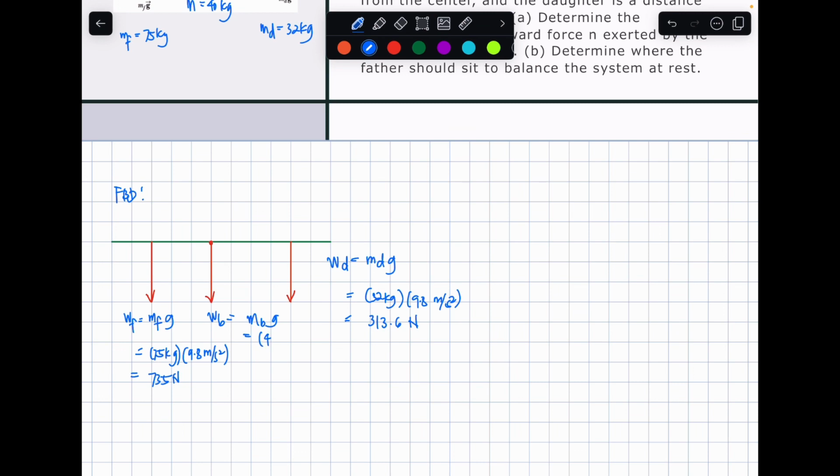That is 40 kilograms, so multiply it with 9.8 meters per second squared, which is equal to 40 times 9.8, 392 Newtons.